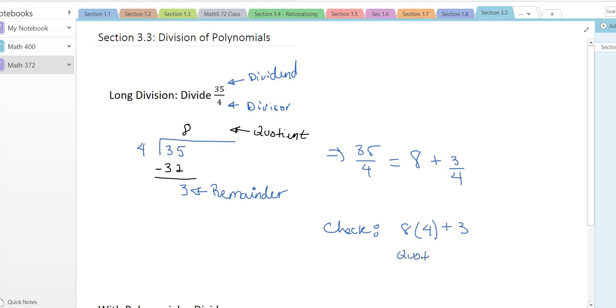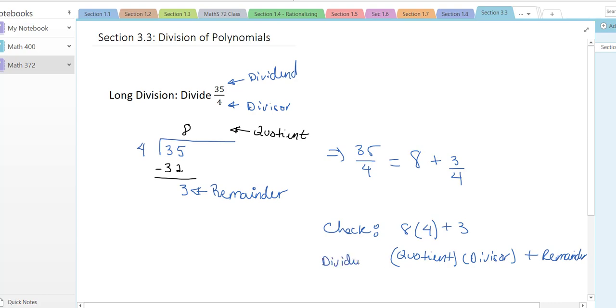So quotient times the divisor plus the remainder should equal the dividend. When I do 8 times 4, that's 32, plus 3, that is 35. So that checks. So we did our division right.